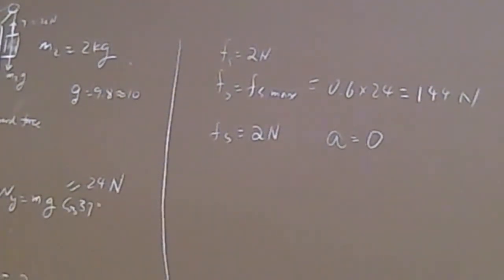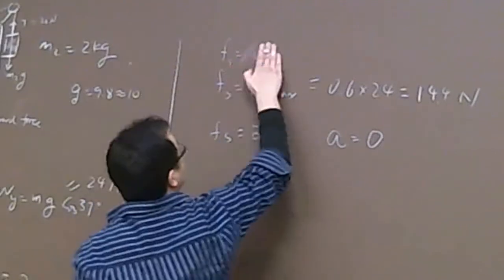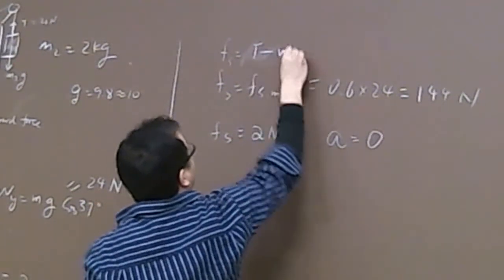It will always equal that? Yeah, G is a constant. If you are on the Earth's surface, it's always that number. Question? What did the 2 come from? This 2 is T minus Wx.